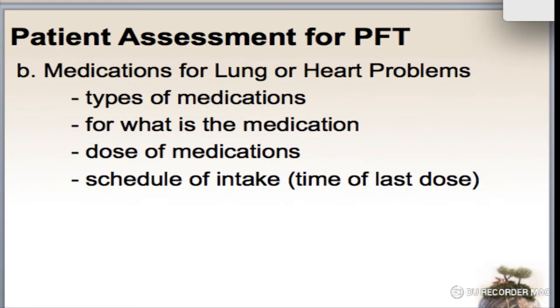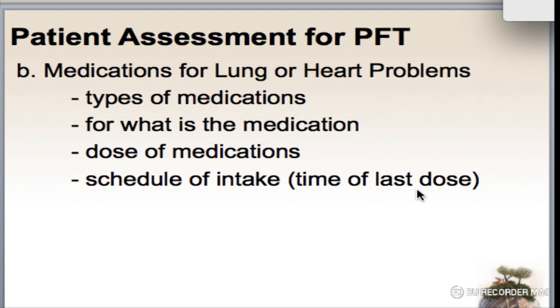We also consider for patient assessment the medication for lung or heart problems, the types of medications, what the medication is for, the dose, the schedule of intake, and the time of the last dose.